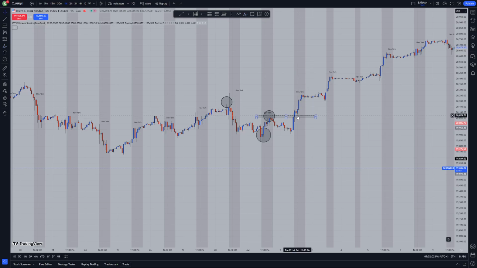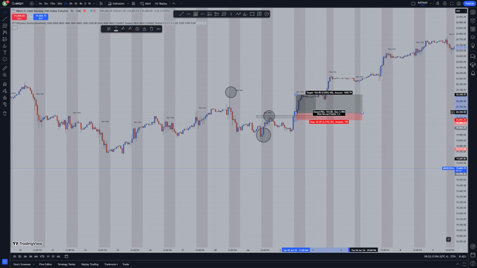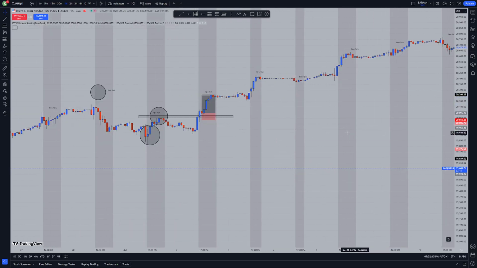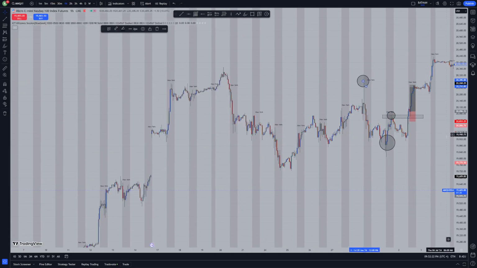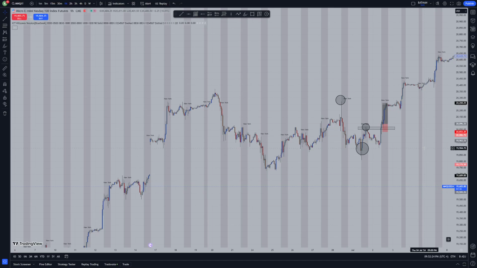It went back and touched that and retested that. Bro, you can make money off this. Where's your next liquidity? Your high. Boom. Yo, that's a 1 to 2 trade. Higher high, higher low, support and resistance. It's that easy, bro.